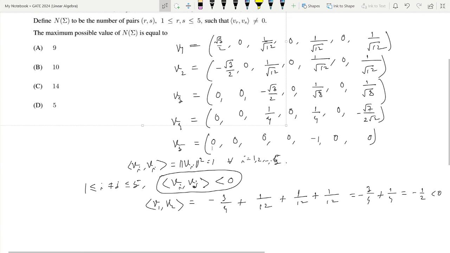We already said that this inner product Vi Vj is less than 0. Simply verify this for all the other ij's.